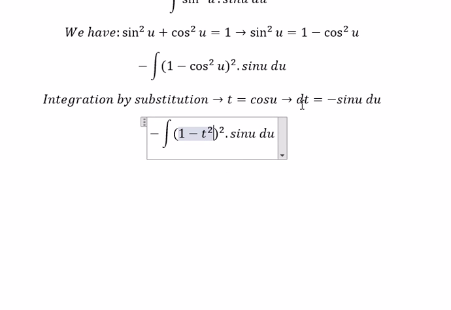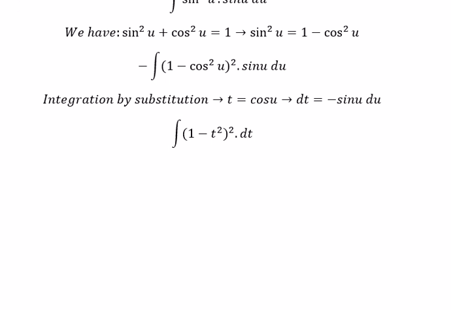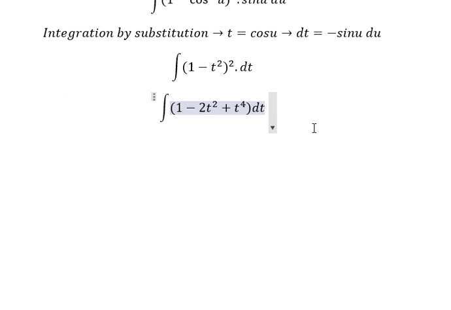Negative sine u du we change for dt. One minus t square. We have the power 2 in here, so you get 1 minus 2t square plus t to the power of 4 dt.